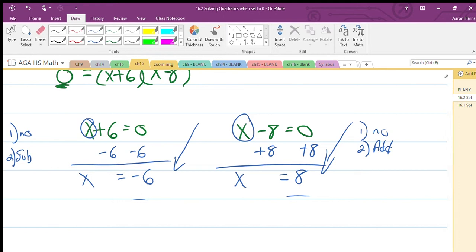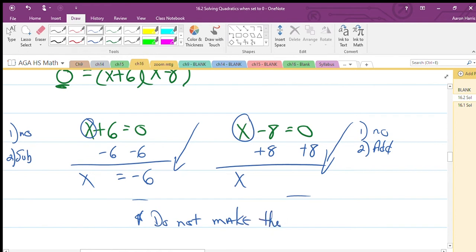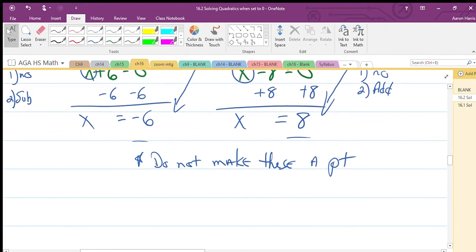Do not make these, star here, do not make these a coordinate pair. Don't make them a coordinate pair. This says x equals 8. This says x equals -6. They're both the values of x. You have two different points.